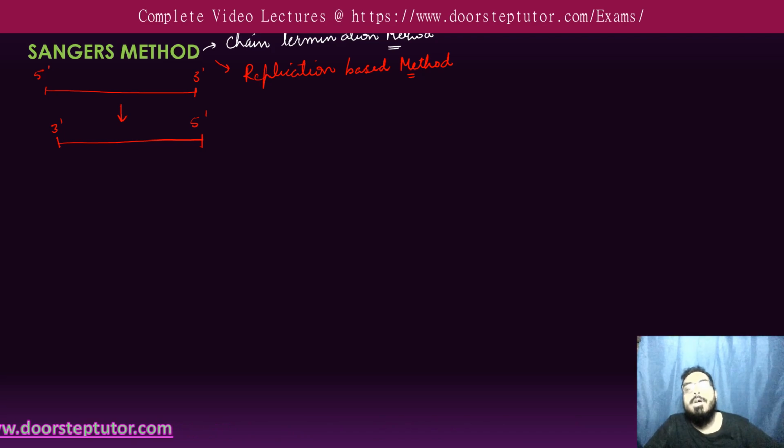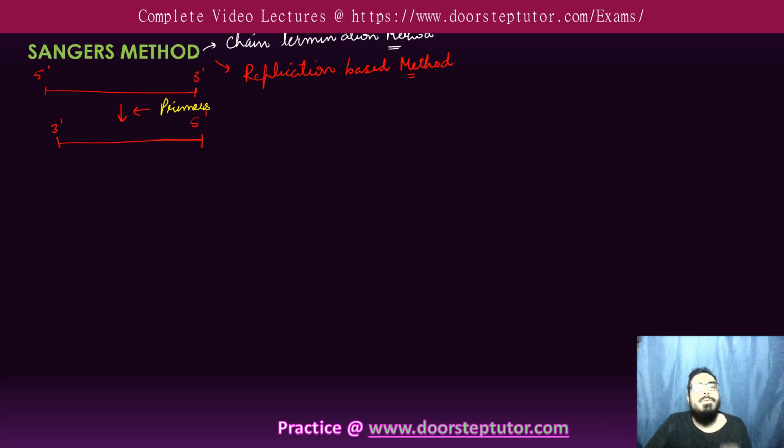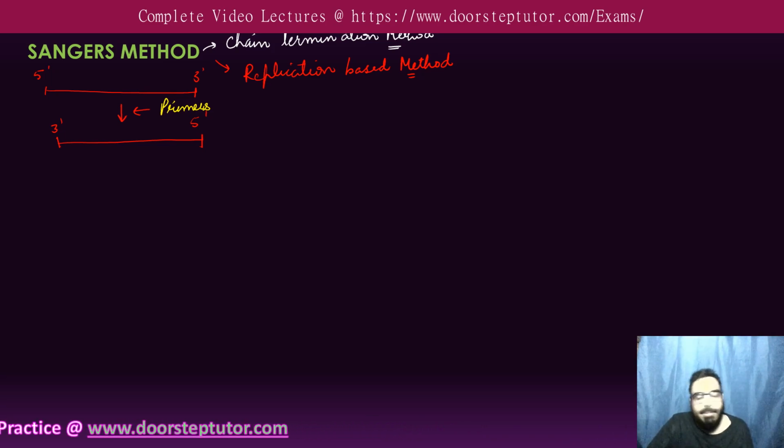First, for replication, primers are required, so you will add primers. Now the point is, you don't exactly know the sequence of the DNA, so how can you add primers?